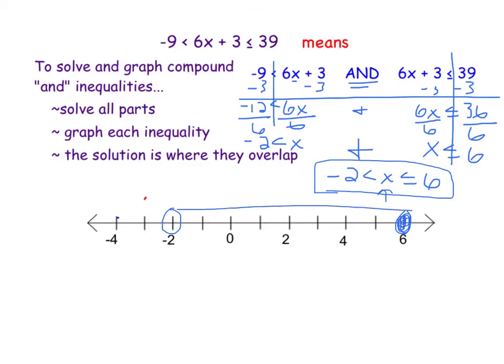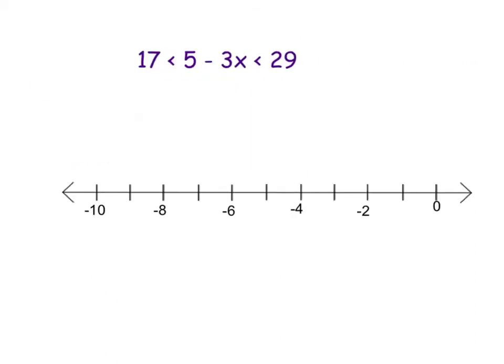I want to admit to you that sometimes I don't actually split this up into two inequalities. We certainly could. 17 is less than 5 minus 3x, and 5 minus 3x is less than 29, but sometimes I solve it kind of like it is a three-part inequality.